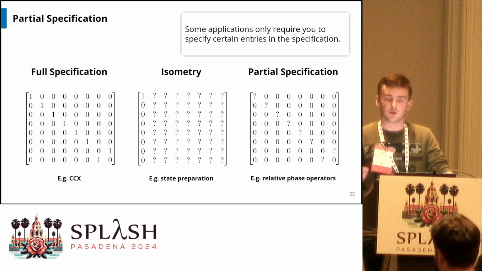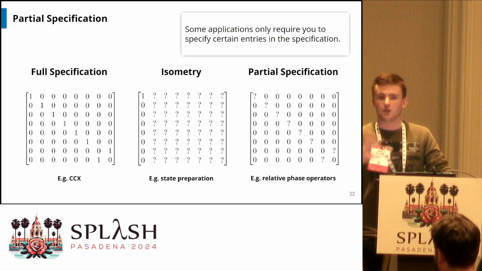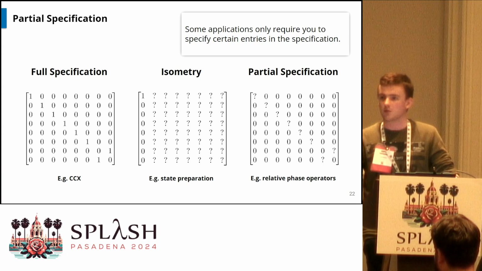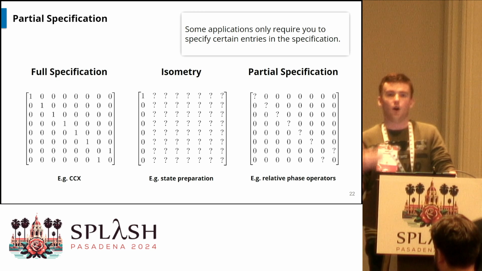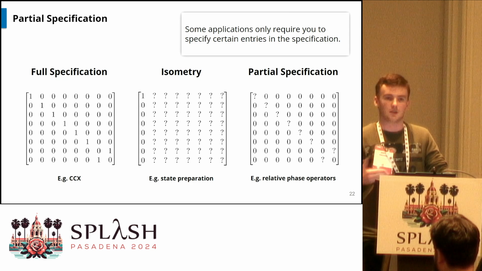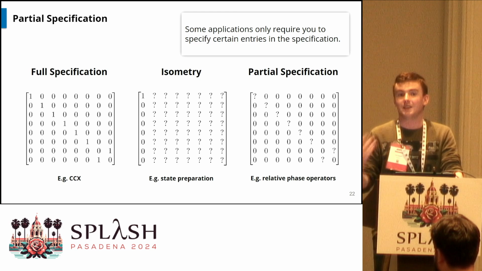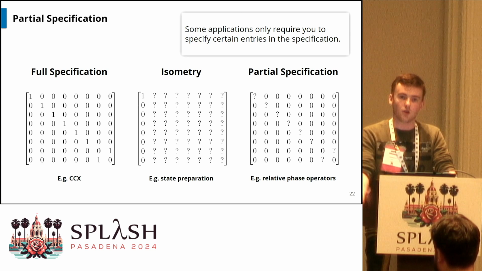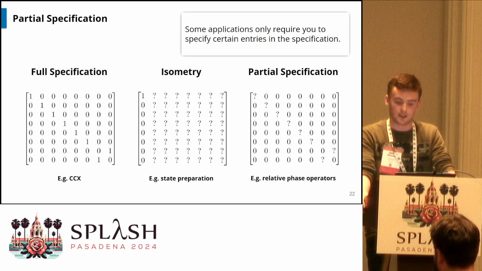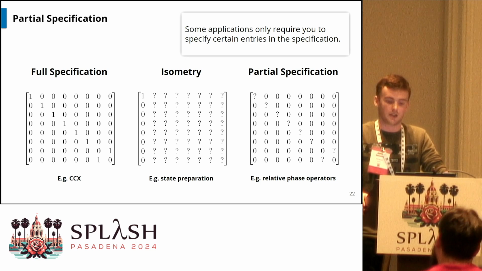Relative phase operators essentially mean that you want zeros in the same position, but you do not really care if it's 1, minus 1, i, or minus i in these non-zero positions. Oftentimes you can replace these Boolean operators with their relative phase counterpart while maintaining your entire algorithm structure, even though these relative phase operators have a more efficient implementation.